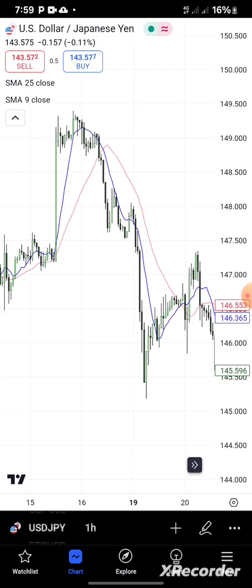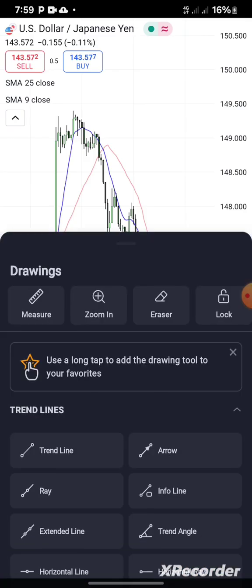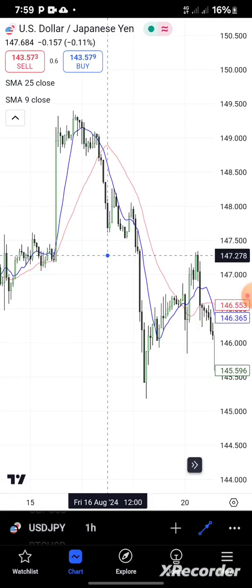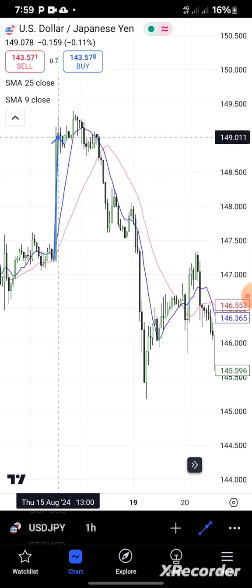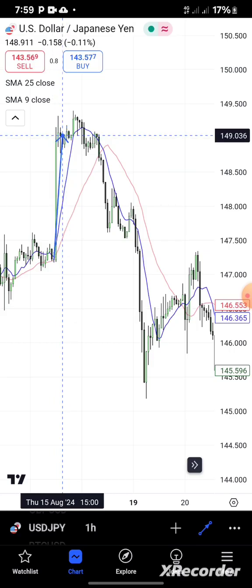Now, it's not every time that the market is going to go to your side. Now you see this big move here. Let me try to show you. This was a big move. I think it was news by that time. This was a very big move to the upside.